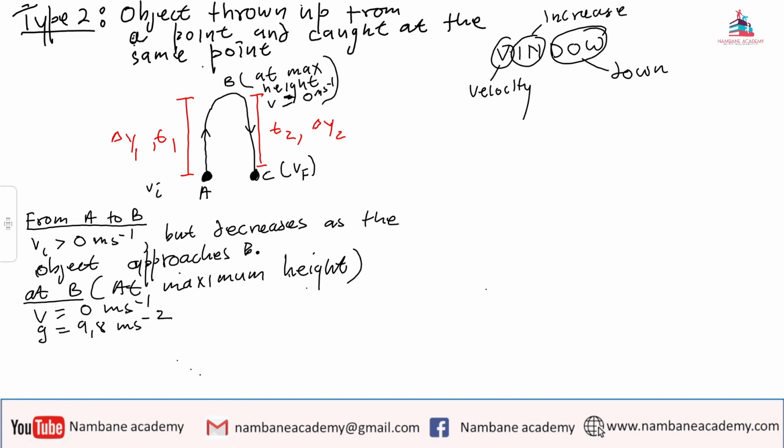Now, in this instance, we have up and down motion. So what must we do? We must tell the examiner that we choose now upward as positive. So by saying that, then we know that our G should be negative. Let's further move on. From B to C, velocity increases.